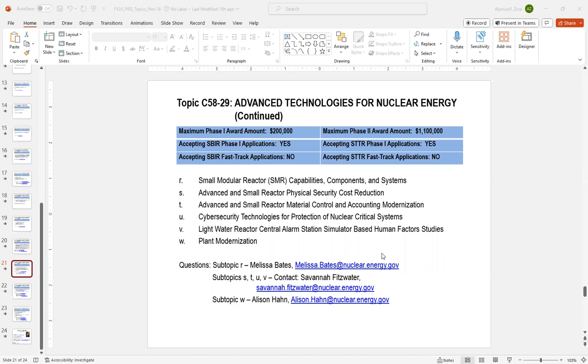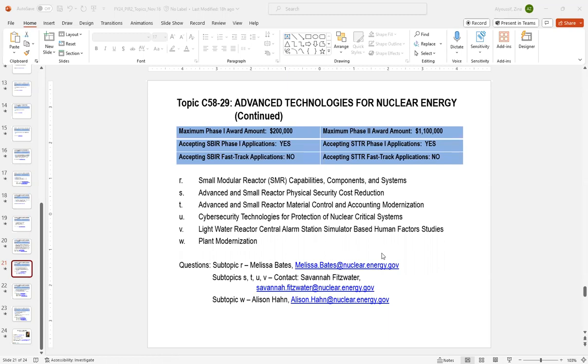So digital twin technologies is the second area, and then self-diagnosis and health monitoring technologies. I will say that we've had this subtopic in the past, so please look to see what proposals were awarded in the past so that we can avoid duplication and get some new ideas here. That's all I had for that one.